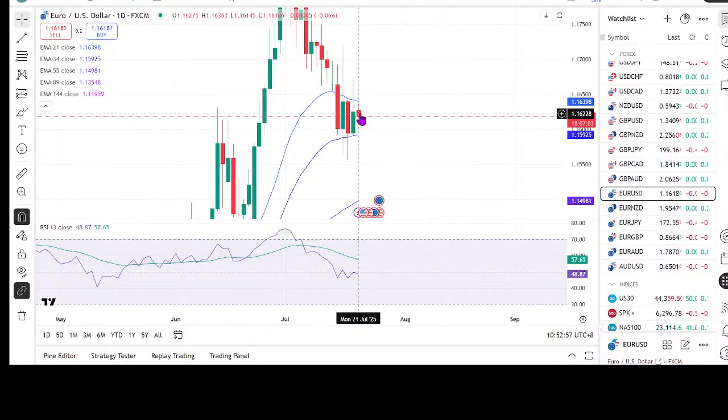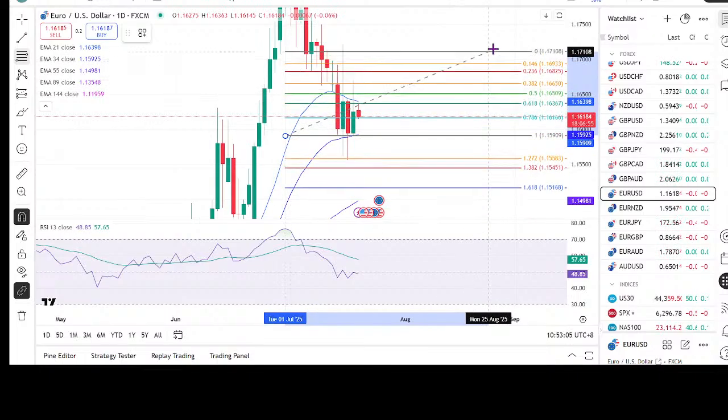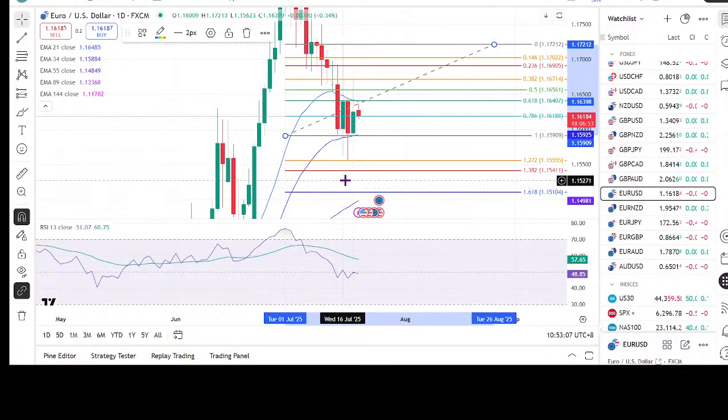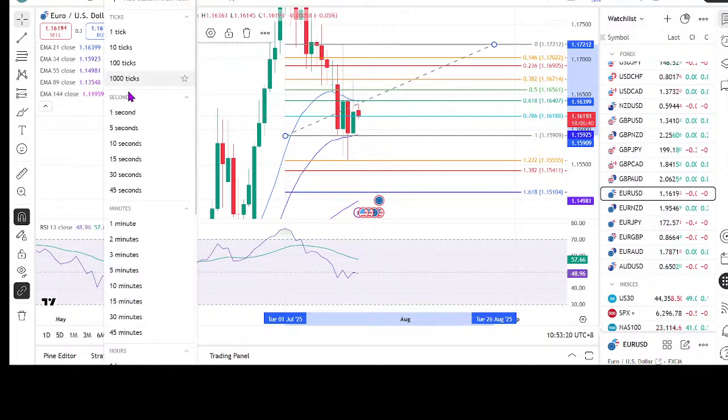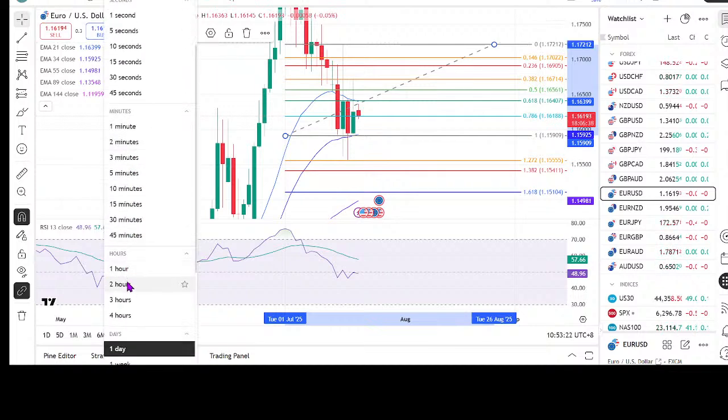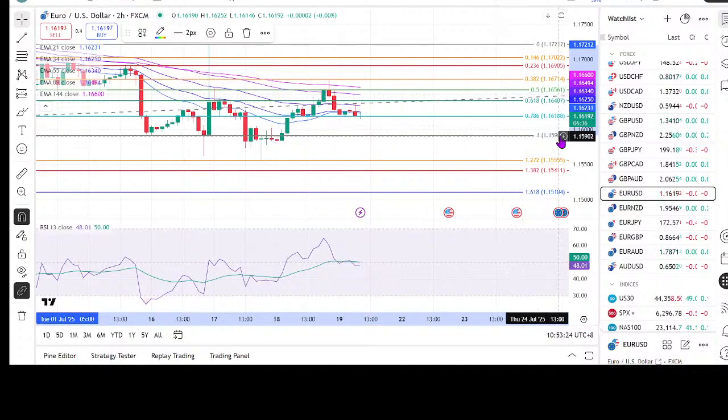Right now it is 11630, and for the low we should not expect beyond 11540, or slightly lower, 11510. To know that, I think it's best we look at the hourly movement.